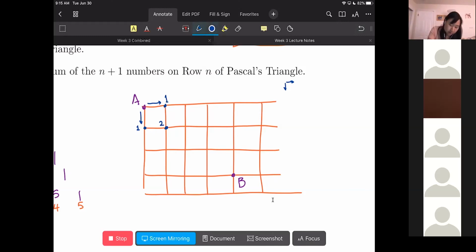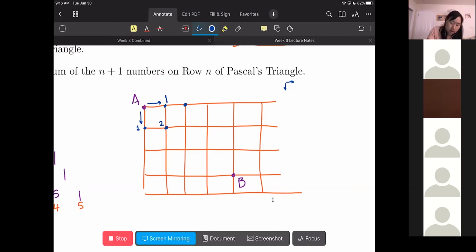All right, now let's do the next part. So how many ways are there to get to here? 3, because you can move from the 1 to that point and from the 2 to that point.